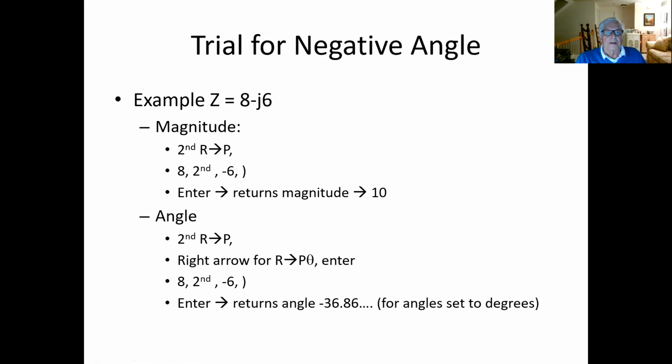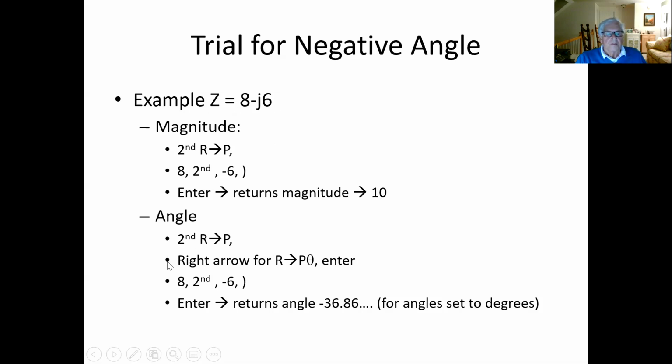What about a negative angle? Well, you've got 8 minus j6. So right away you see the minus there. You know that that's a negative angle. It's basically in the 4th quadrant. If you do that using your calculator, you come out with a magnitude of 10 from the 8 and the 6.